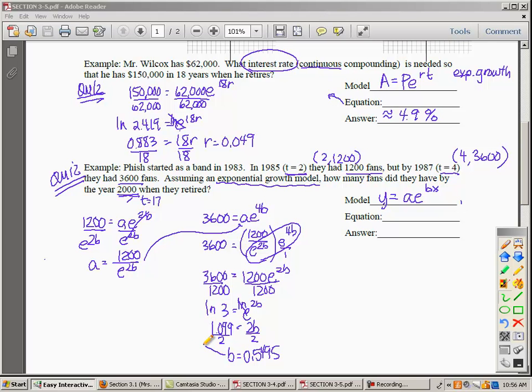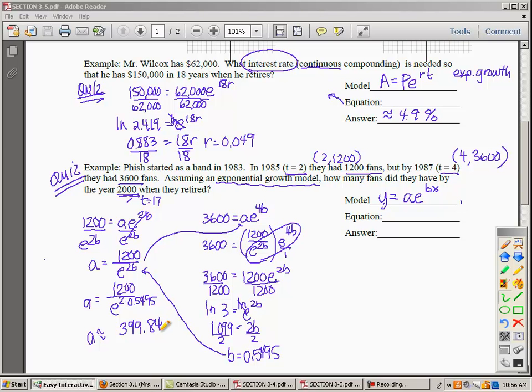Now I'm going to take this b value and plug it back into my a, because my goal is to figure out what a is also. So 1,200 divided by e to the 2 times 0.5495. This ends up getting that a is about 399.84.